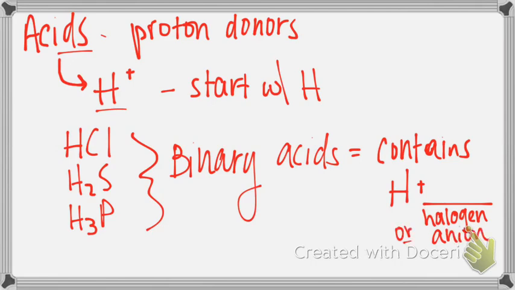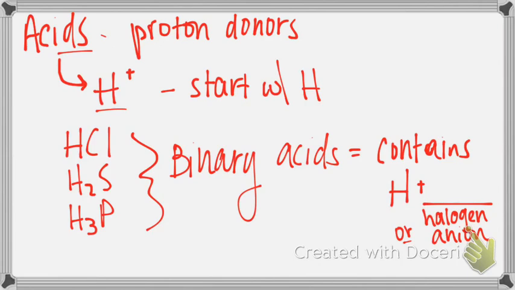Any anion could be paired with hydrogen to make an acid. It's always going to be negative. It's almost like an ionic compound, except we know that hydrogen goes first. So acids are formed when we have hydrogen plus something else. That's called a binary acid. That just means 2 elements.